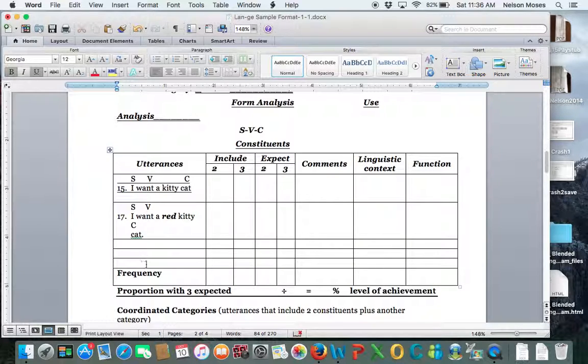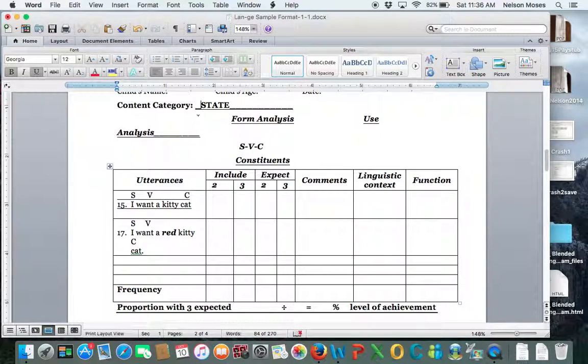So what you'll do in your sample is put all of the state utterances on one page, all of the utterances in which state is the verb relation content category represented by the SVC constituent unit. Those go on a page. Now, you may have a sentence that the child might also say, that's a soda, that's a Pepsi.